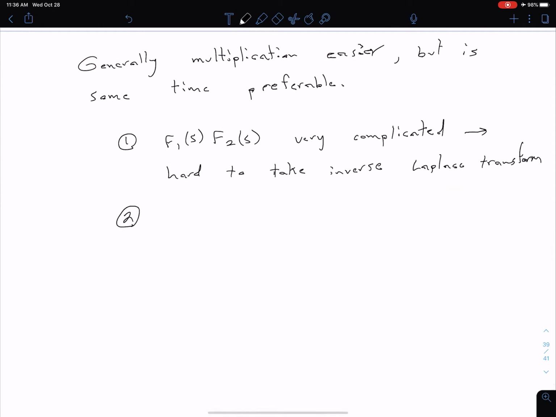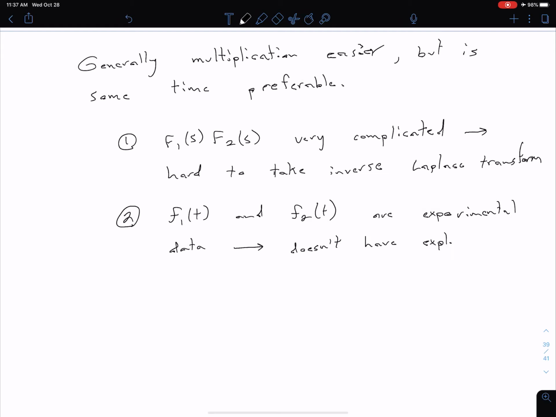Another case is if we're working with experimental data. So maybe our f1 of t and our f2 of t are experimental data. If we have experimental data for f1 and f2, maybe they don't have an explicit Laplace transform.